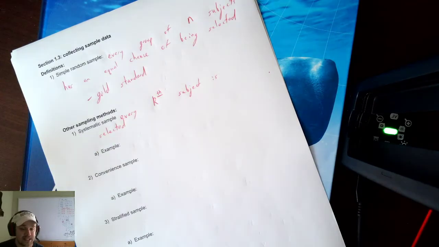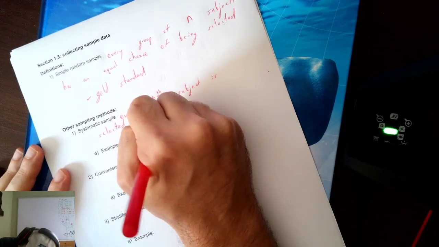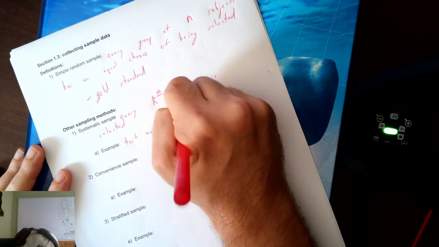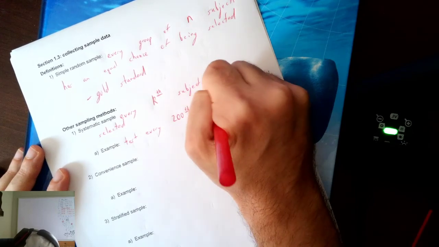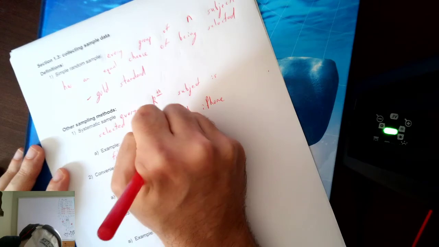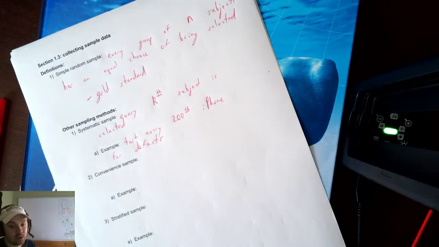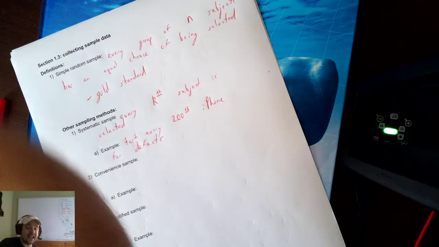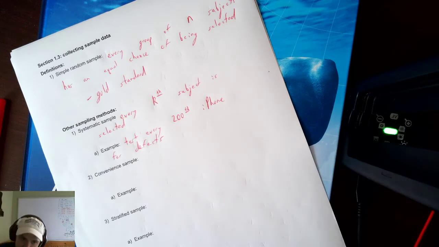An example of this, maybe you test every 200th iPhone for defects. If you have an assembly line with iPhones coming off of it, it's going to take you too long to test every single one for defects. So maybe you pick every 200th one and test it. You test part of them.